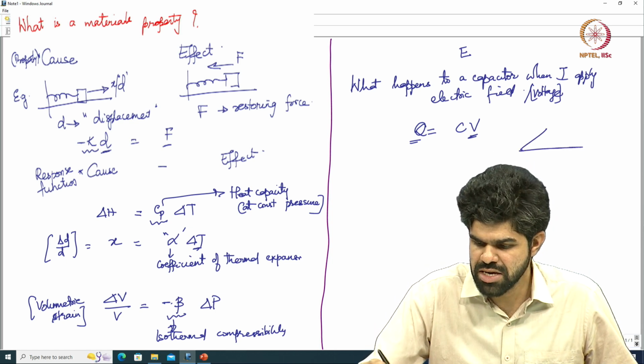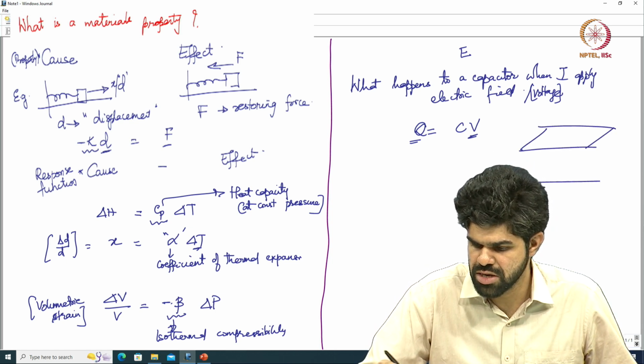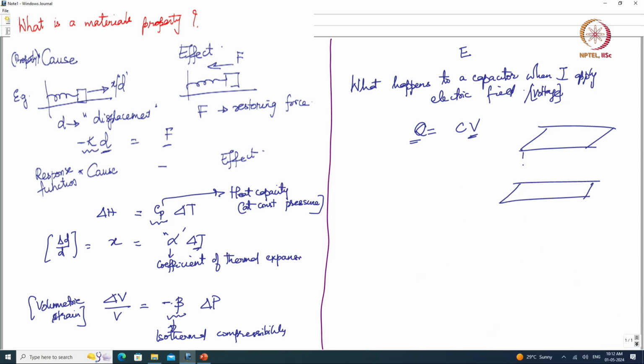So a capacitor can be imagined to be two parallel plates with some material in between. It's a dielectric material in between, and then I apply some sort of a voltage, right. So I apply with a battery in between these two plates. These are just metallic plates.